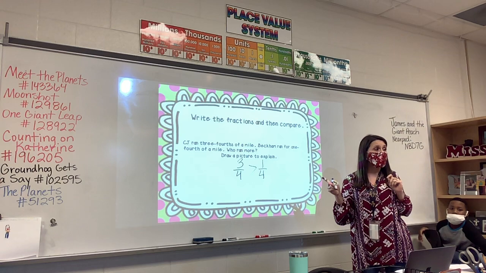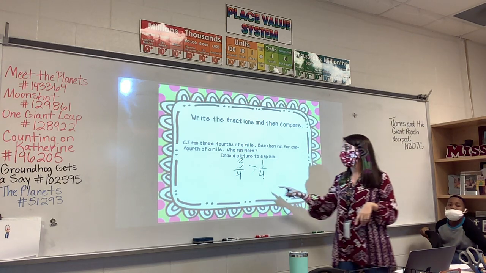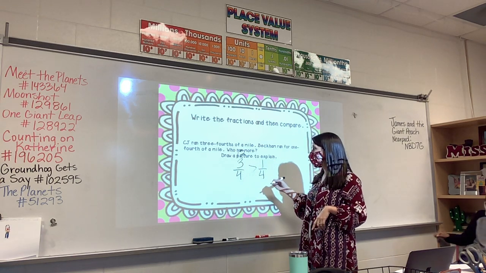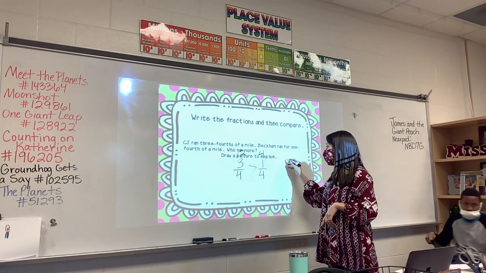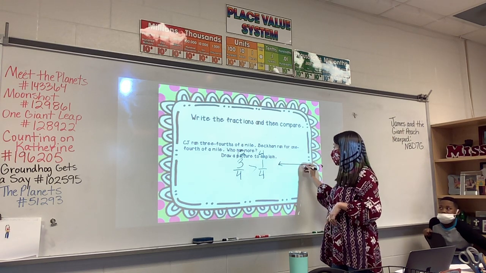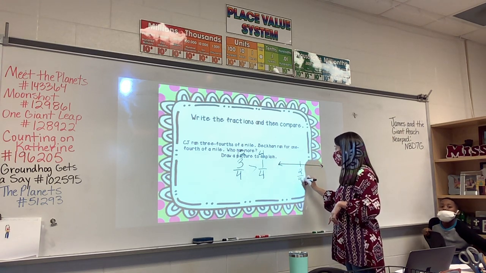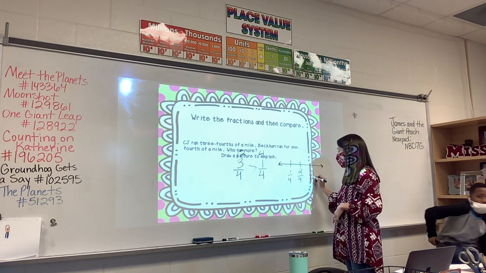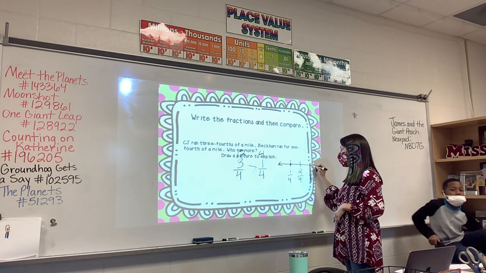CJ did. Let's do cross multiplication just to check. 4 times 3, 12. 4 times 1, 4. And I could draw this. I can put this on a number line. Here's 1/4. Here's 3/4.